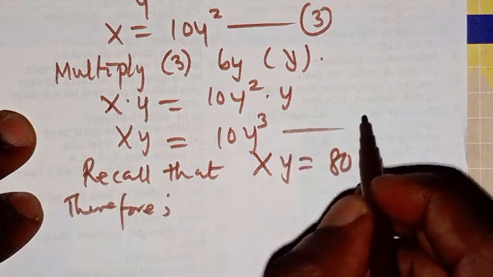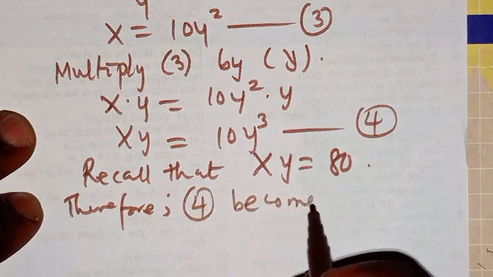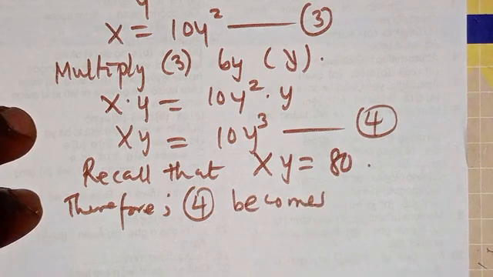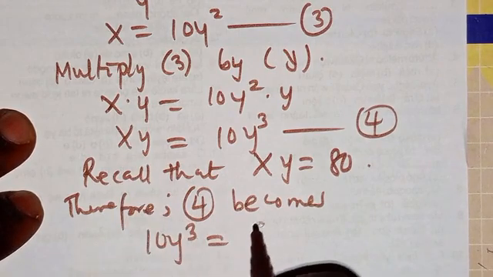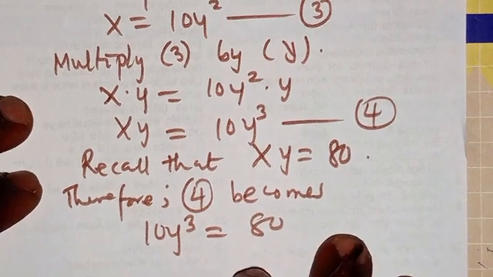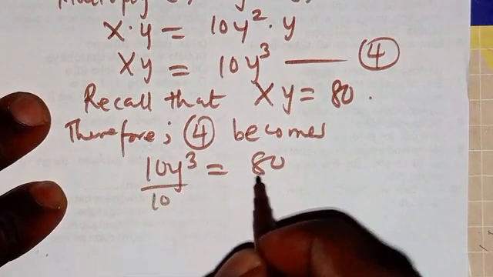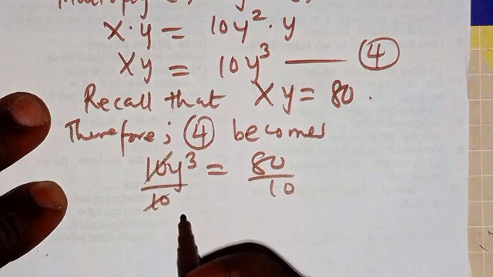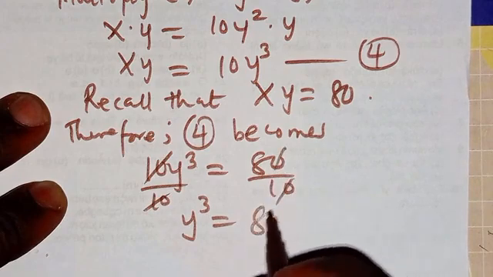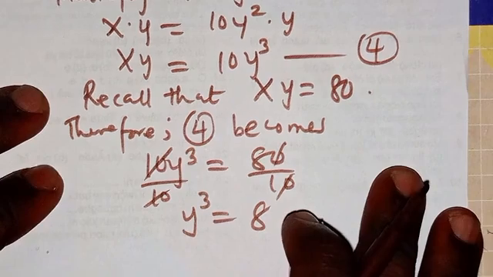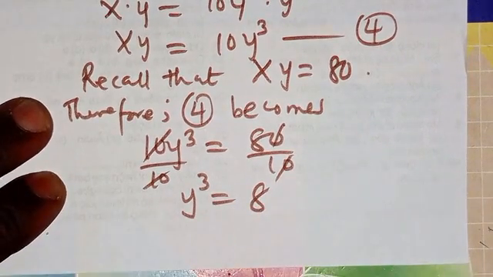Let's call this equation 4. Equation 4 becomes 10y to the power 3 equals xy, which is 80. Do you understand? So from there, what am I going to do? We are going to divide through by 10. We cancel this, and we have y to the power 3 equals 8.